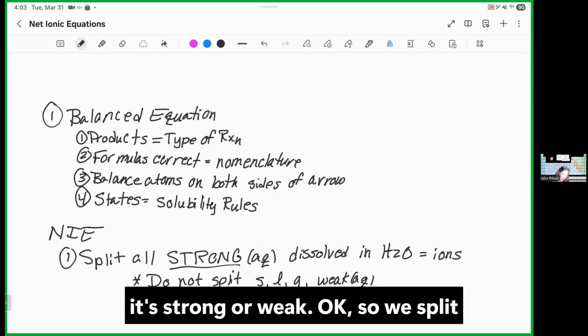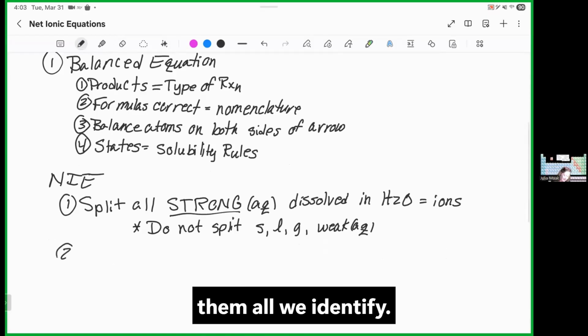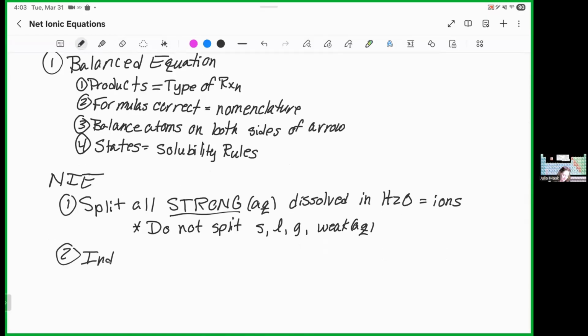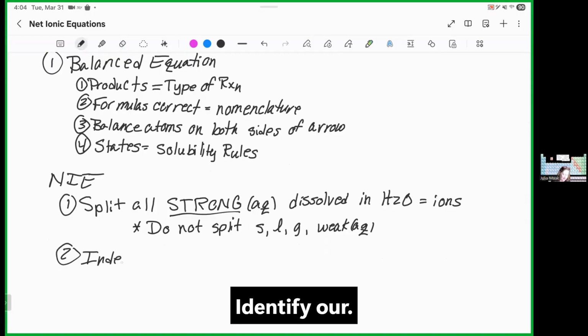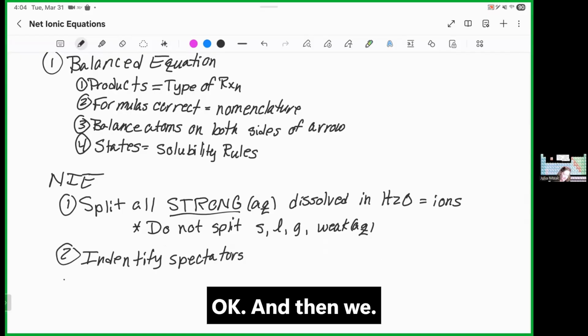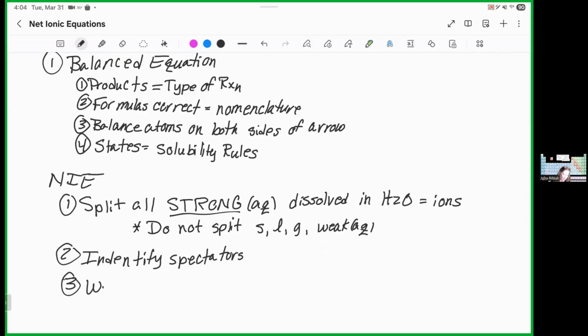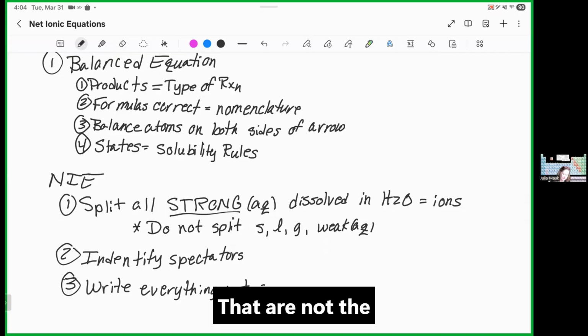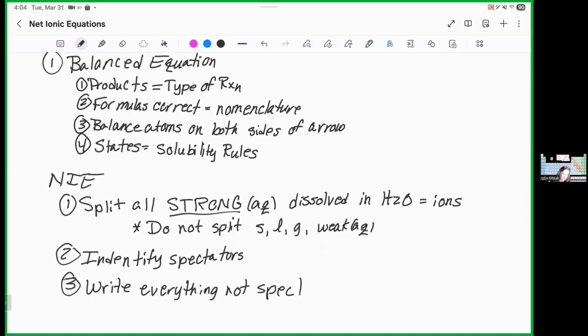Okay, so we split them all. We identify our spectators. And then we write everything that are not the spectators.